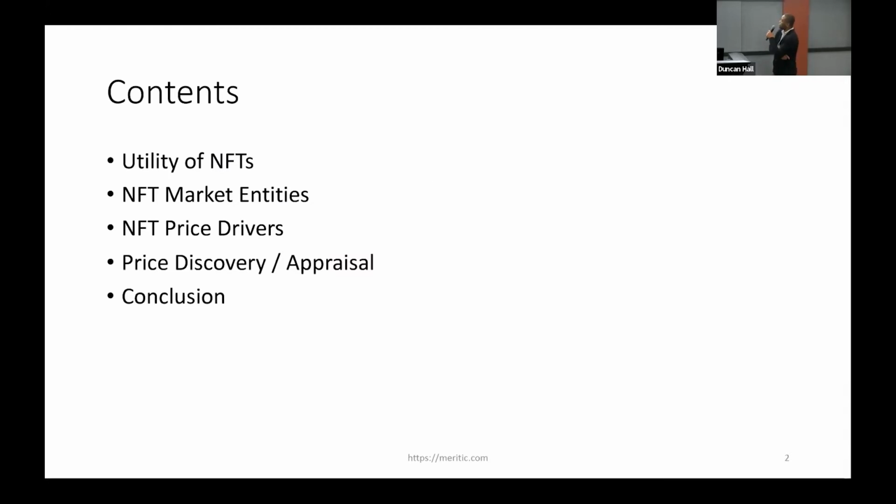First, I'll talk about the utility of NFTs, the NFT market, the various entities in the market, prices, what are the price drivers for NFTs, and then why do we want to do price discovery of NFTs, and then I'll wrap up with our progress.